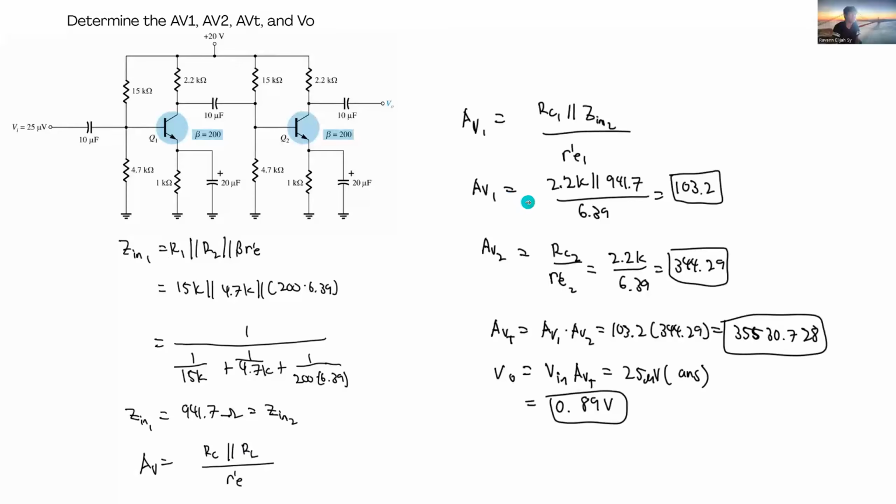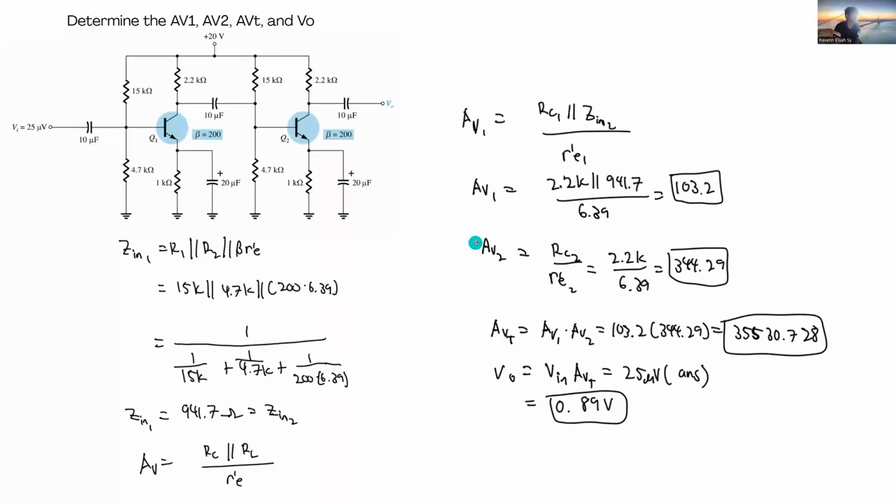And then we compute the AV1: 103.2. And for AV2, RC2 is 2.2 kilo ohms over RE2, same as RE1. We have 344.29.